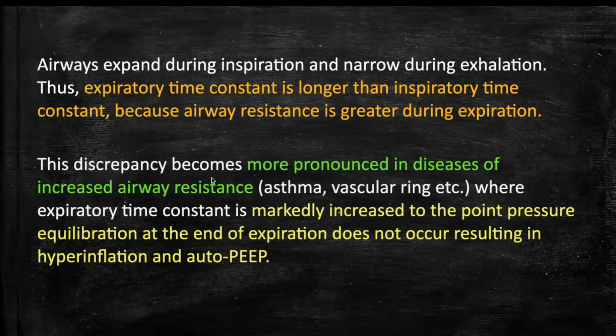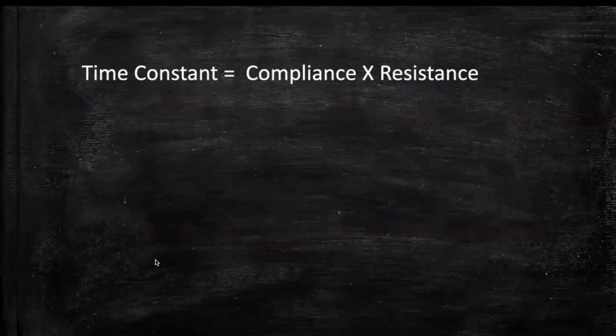The discrepancy becomes more pronounced in diseases of increased airway resistance like asthma or any abnormal vascular ring around the airways, where the expiratory time constant is markedly increased to the point that the equilibration at the end of expiration does not occur, resulting in significant hyperinflation and development of auto PEEP.